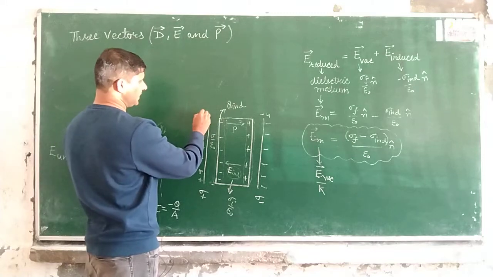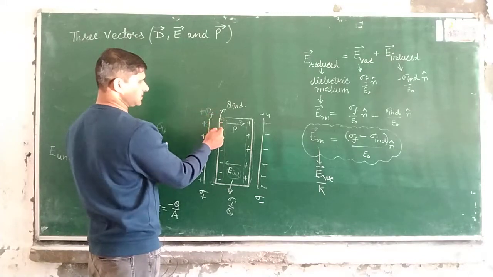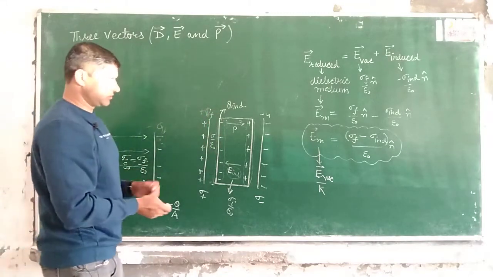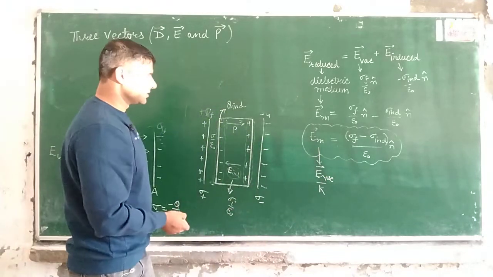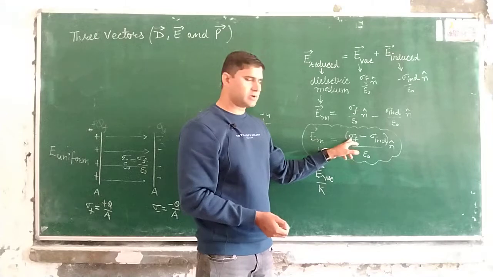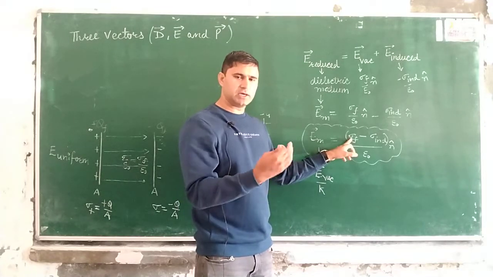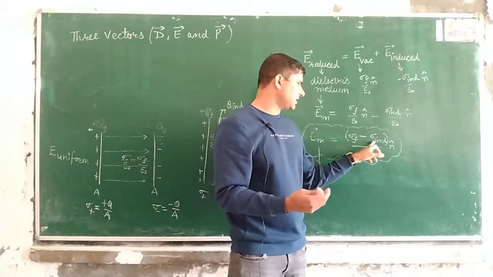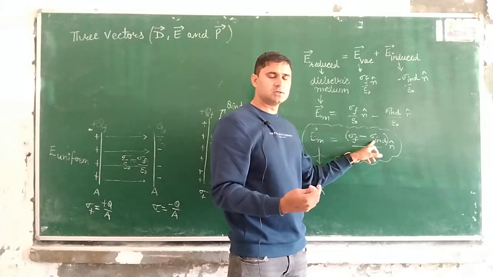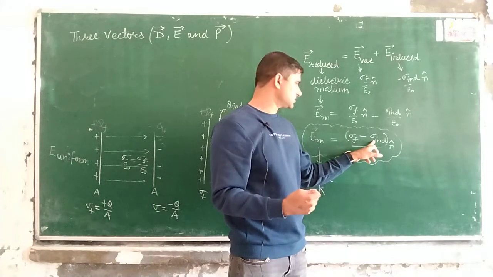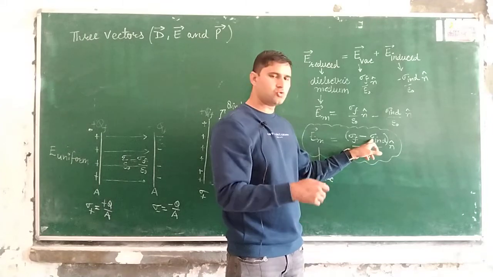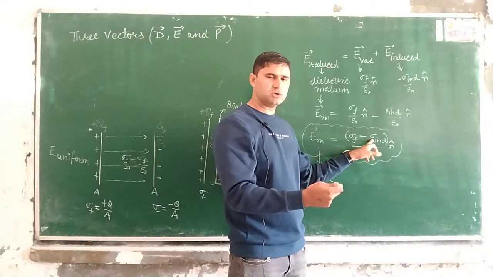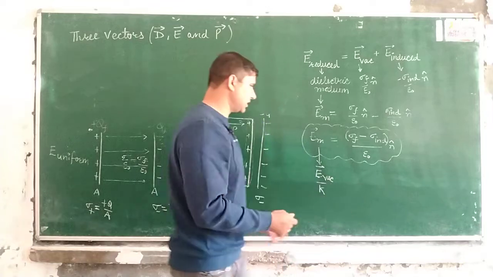We want to relate these free charges and bound charges. We can do this by using this relation. So here, what is sigma free? Sigma free is free charge by area of the plate, and what is sigma induced? This is the surface charge density of bound charges, so it will be total Q bound divided by the area of the plate.